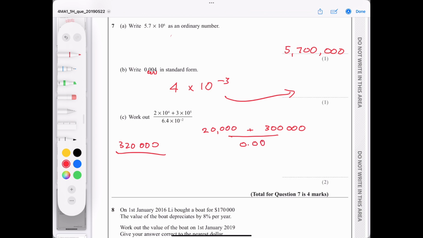So that's going to make that really big. So 0.0064. Now, I'm just going to put it into my calculator and it's going to be horrible, I think.